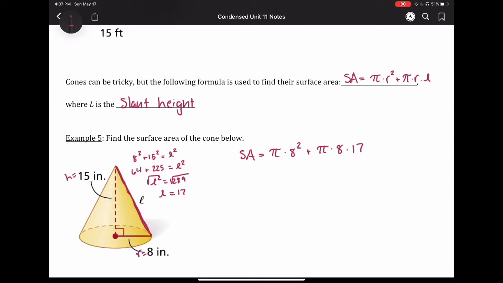So I end up here with 8 squared is 64 pi, plus 8 times 17 is equal to 136 times pi. When I add those together, that gives me 200 pi. 200 times pi gives me a surface area of approximately 628.32 square inches.